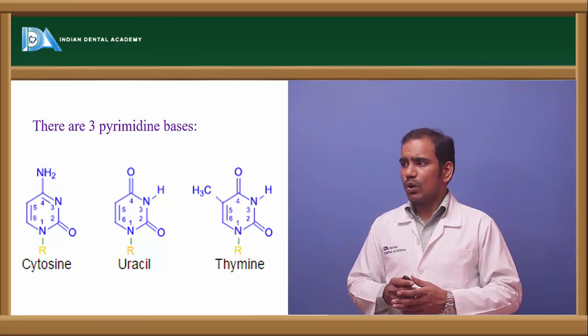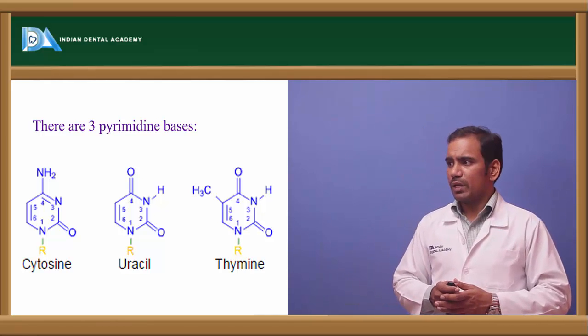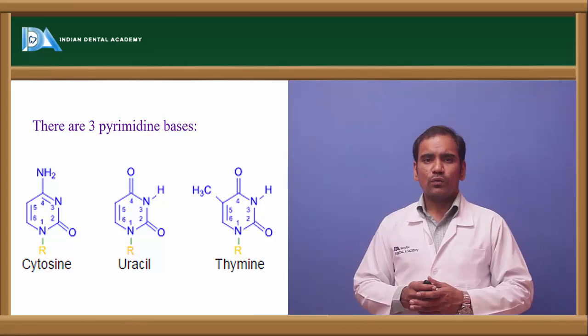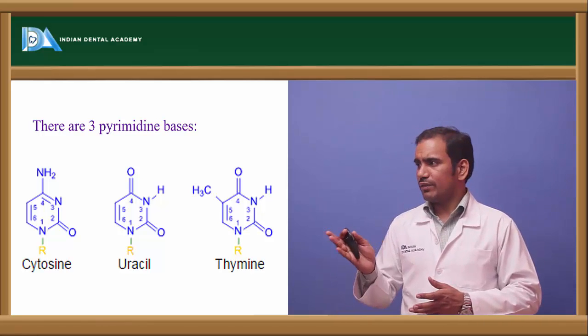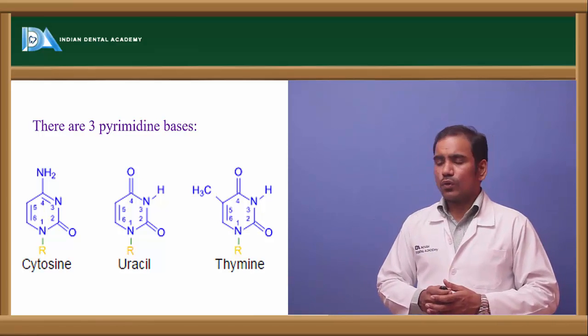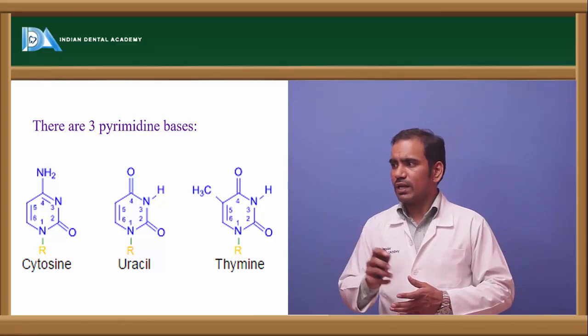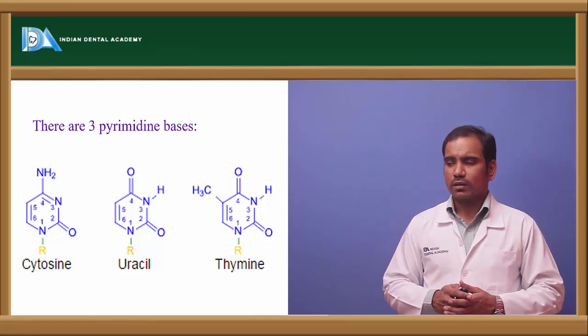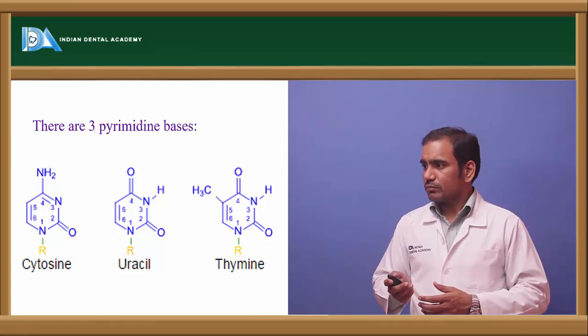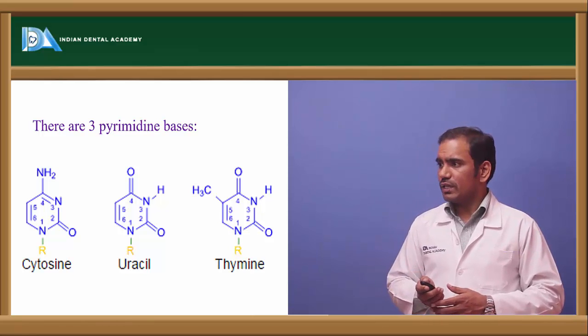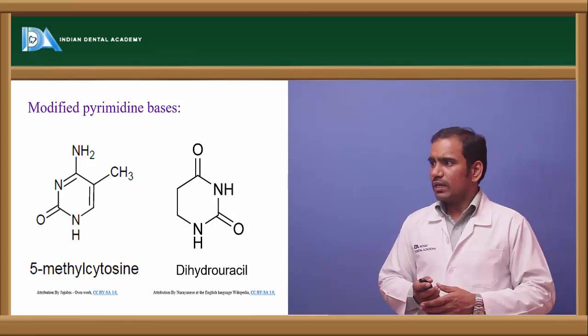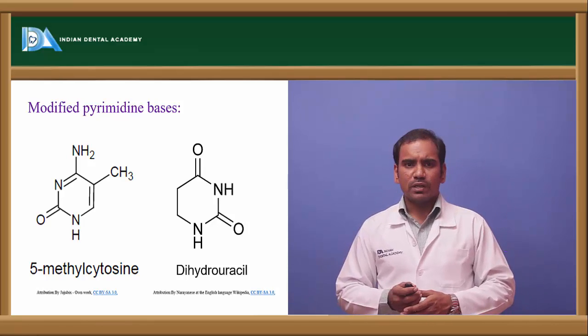So what is cytosine? Cytosine is a 2-oxy-4-amino pyrimidine, and uracil is 2,4-dioxypyrimidine, and thymine is 2,4-dioxy-5-methyl-pyrimidine. So that is about the different groups in these pyrimidines. And there are some modified pyrimidines.